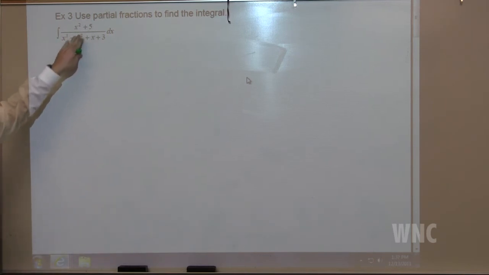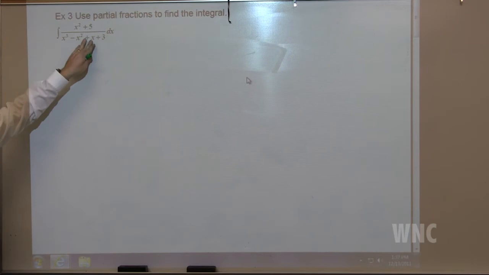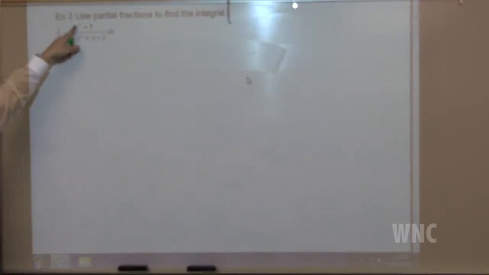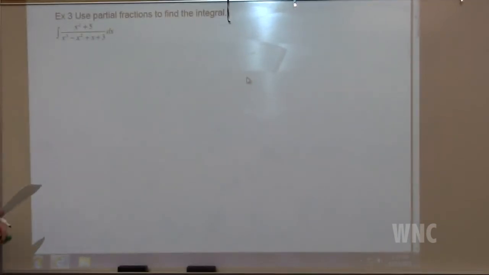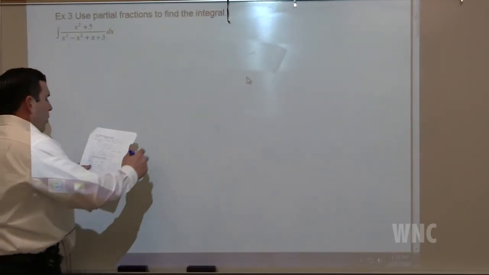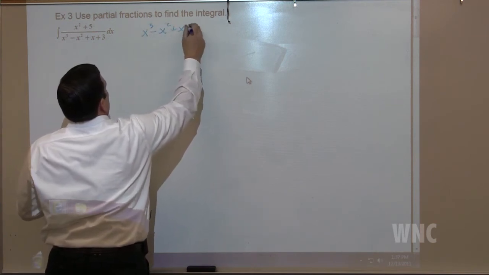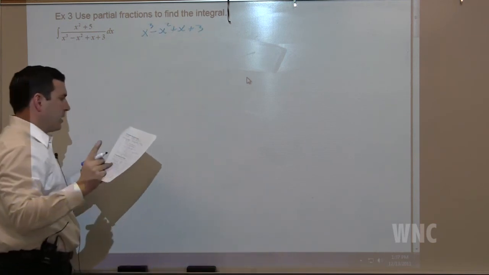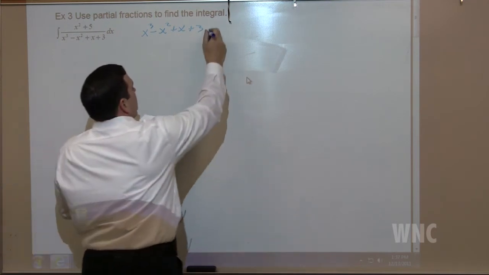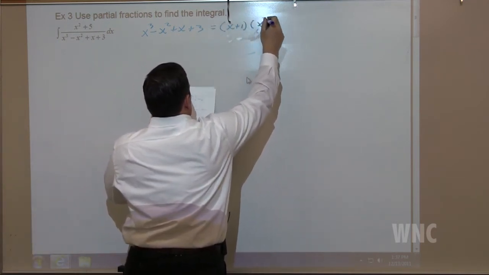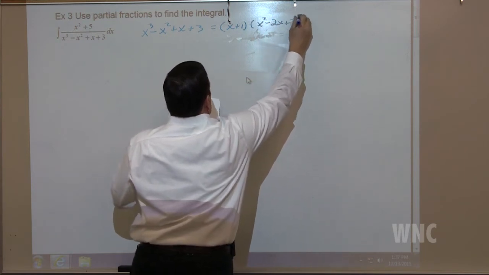So it's x squared plus 5 over x cubed minus x squared plus x plus 3. So we see it is a proper fraction, smaller degree on top than bottom. When we look at x cubed minus x squared plus x plus 3, this does factor, I may have used a calculator for this, into x plus 1 times x squared minus 2x plus 3.